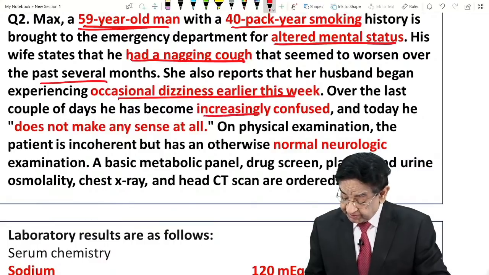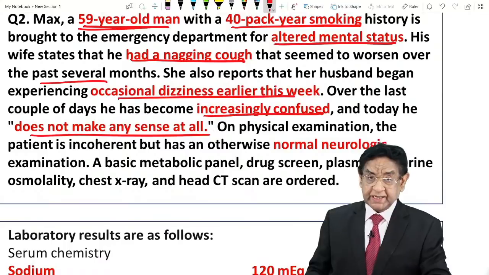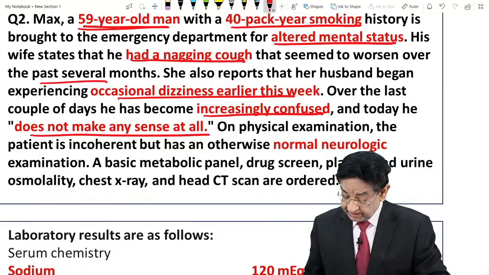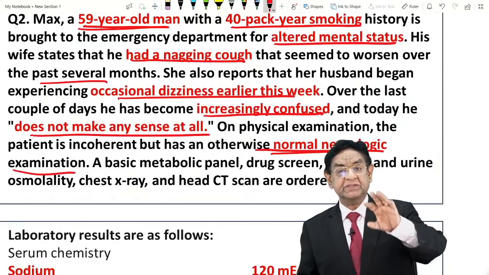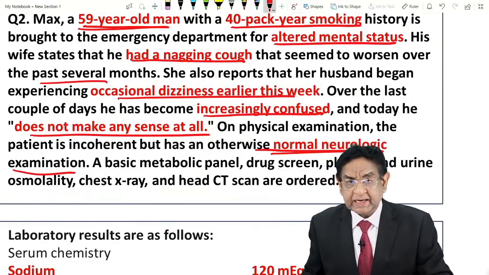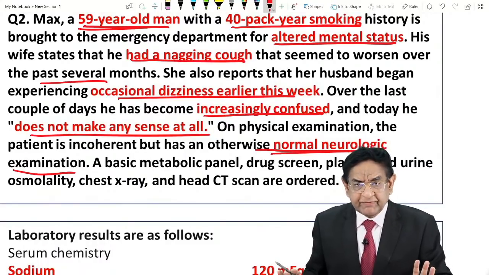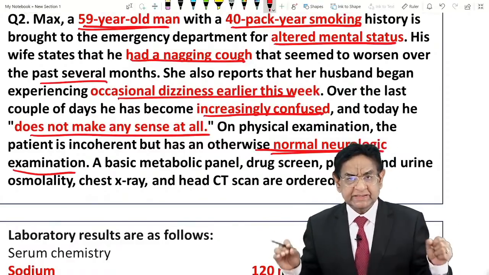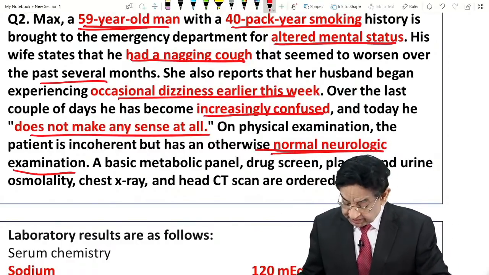He is now confused, today doesn't make any sense at all. He's totally confused, and otherwise a normal neurological examination. That means there is no paraplegia, no hemiplegia, no cranial nerve palsy or any other palsy. So as far as neurology is concerned, except altered mental sensorium, the neurological examination is normal.